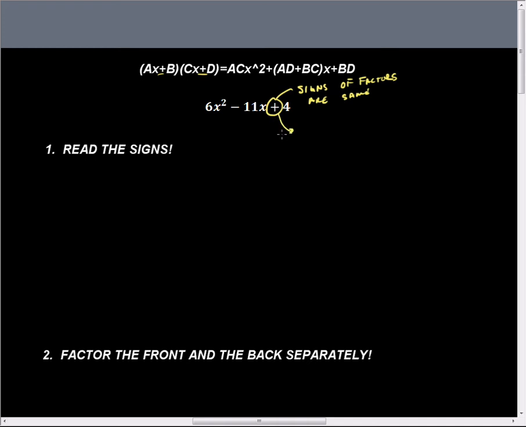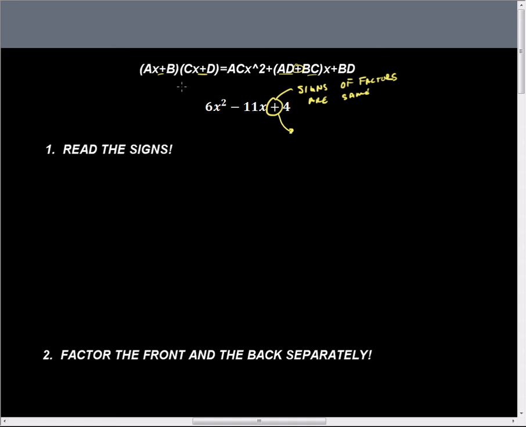It doesn't tell us what the factor signs are, it just tells us that they are the same. One other thing that it does, though, is tell us something about this middle term here. And that is that if I want to combine these, they will have the same sign. The assumption there is that A and C are both positive. If A and C are not both positive, I would factor out a negative to make them positive.